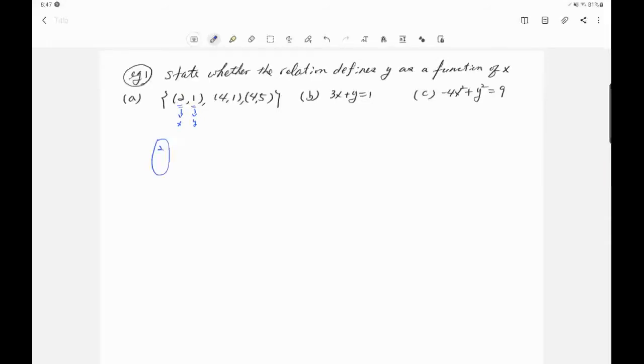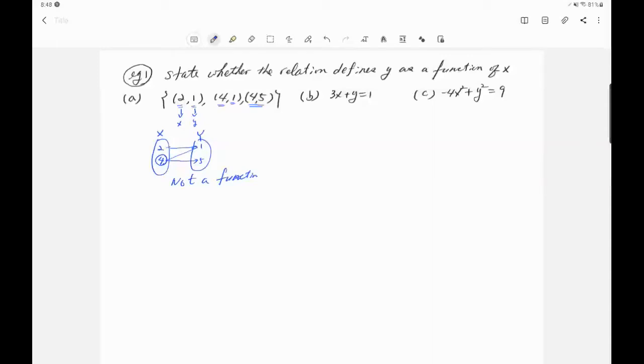For this one, x is 4, then y is 1. Even look at this: x is 4, then y is 5. The input value 4 has 2 outputs, so this is not a function. In this case, we cannot define y as a function of x.